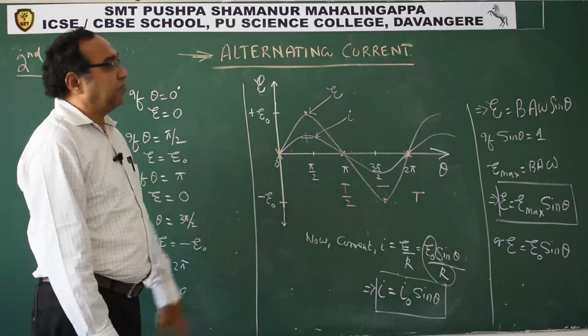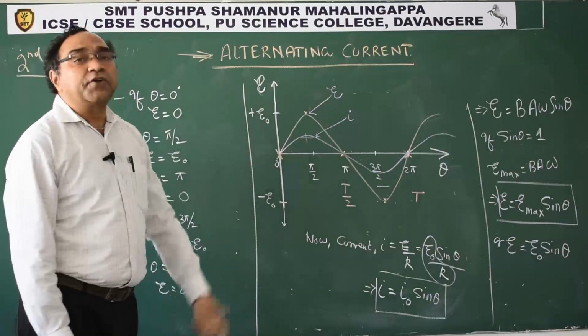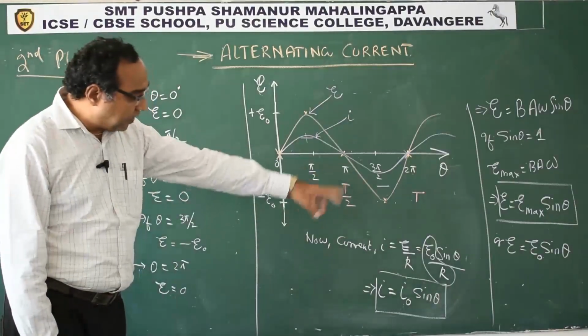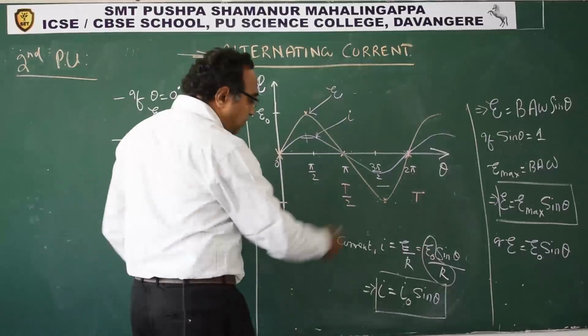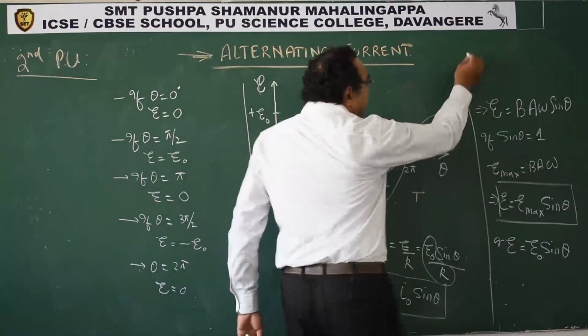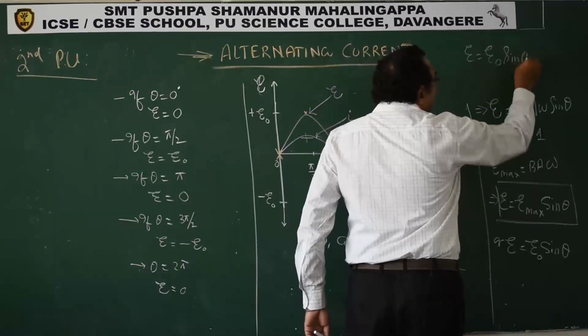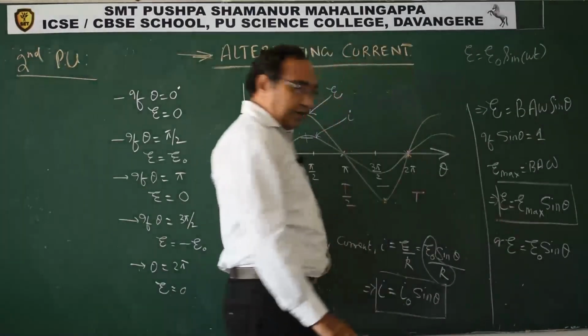This is exactly what we have as expression for the current and expression for the EMF. Both are function of this. You can also write the two expressions this way. You can write E is equal to E naught sine of omega t also you can write.